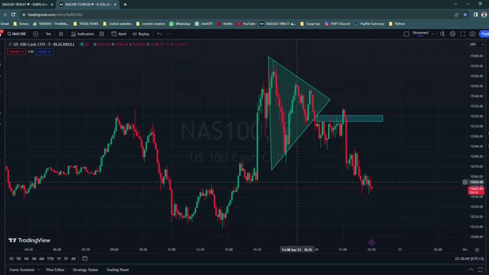But if it breaks to any side, wait for price to come back to that zone where it broke from and see how the market reacts to that zone, and that is always a high probability setup that you'll end up making some huge returns from.